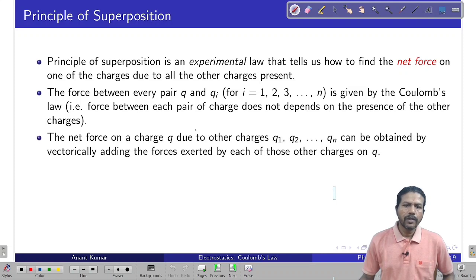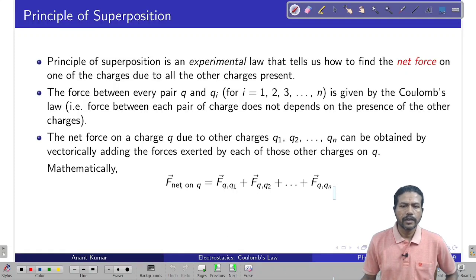The other thing, therefore, is if I wanted to find out the net force on, say, a charge Q due to the other charges Q1, Q2, Q3 and so on till Qn, then we can obtain this by vectorially adding the forces exerted by each of those other charges on Q. Mathematically, we could write that the net force on Q is the vector sum of the force on Q due to Q1 plus the force on Q due to Q2 and so on.